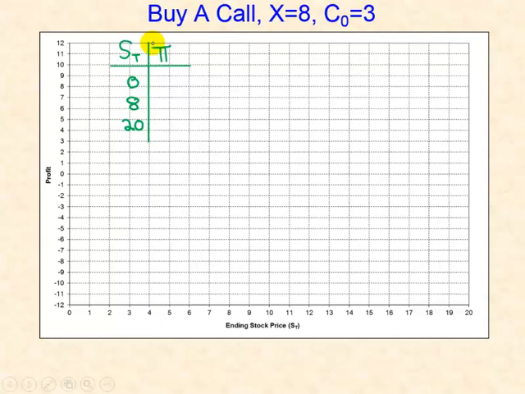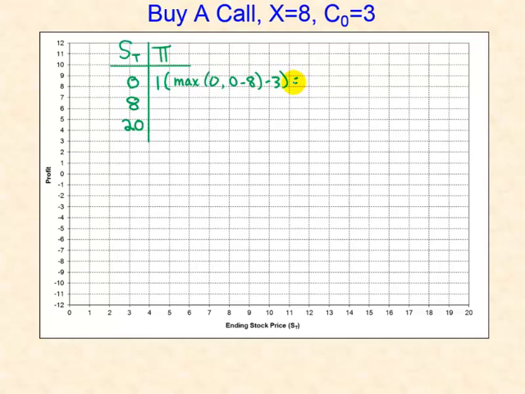So if the ending stock price is 0, our profit is 1, the number of calls we have, times the maximum of 0, or the ending stock price, which is 0, minus the exercise price, which is 8. Then we subtract our call premium, which is 3. So we have the maximum of 0, or negative 8, that's 0, minus 3, times 1.